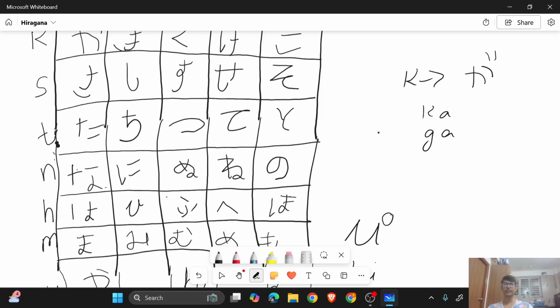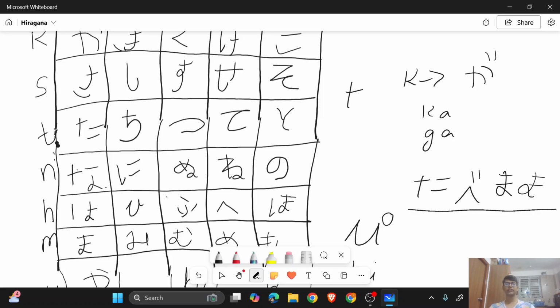So it will be written something like ta, he with dakuten, which will make it be, ta-be, ma-su.